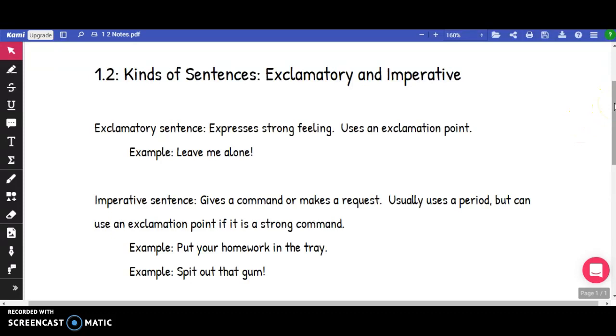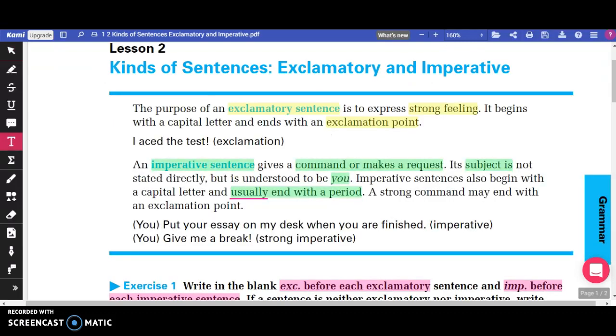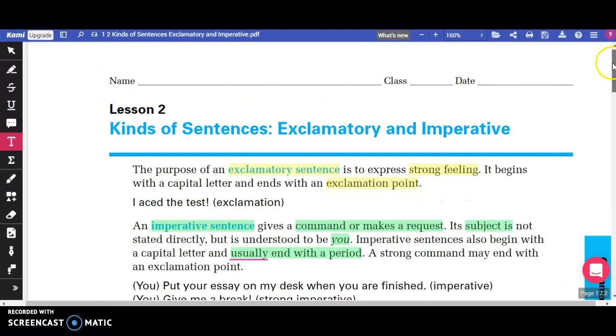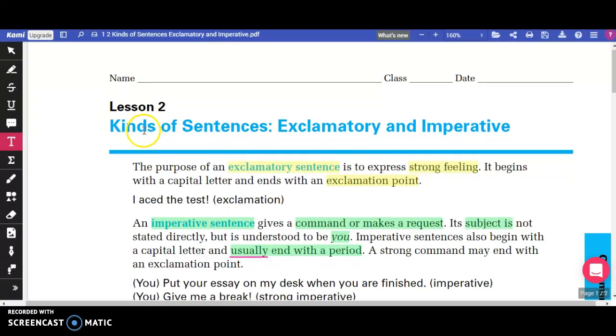Your notes in your notebook need to look like the notes that I have on the screen. Obviously, there are no lines, but you need to space them out so that they are neat and legible. When you finish, the expectation is that you are going to begin this worksheet, Unit 1, Lesson 2, Kinds of Sentences, Exclamatory and Imperative.